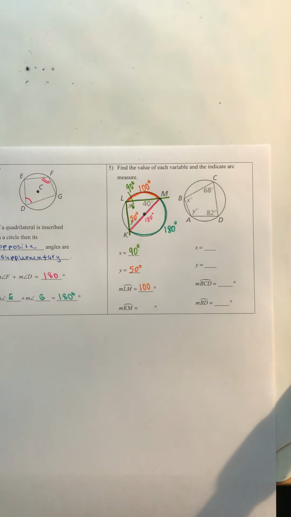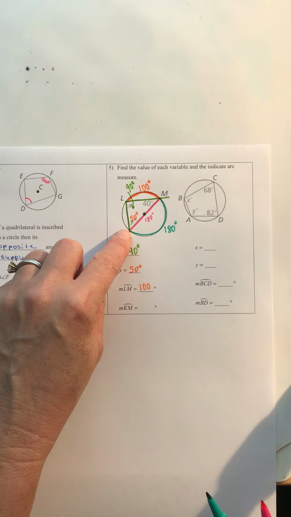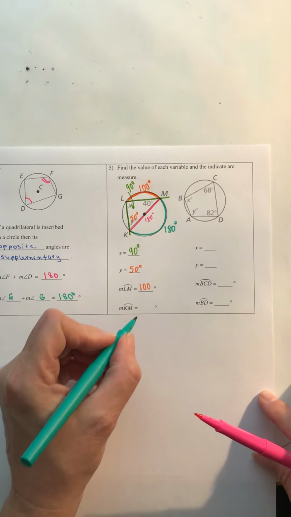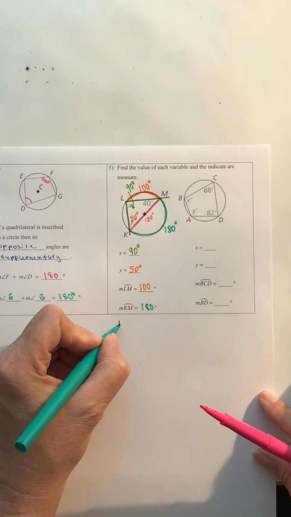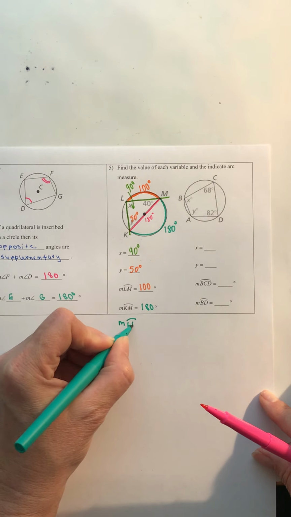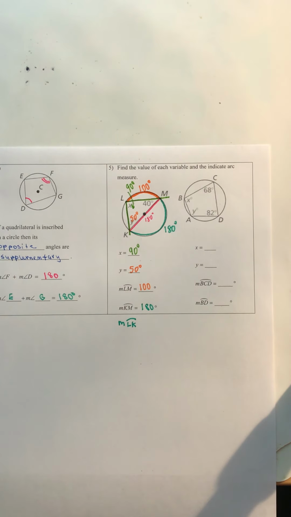And then if we have angle M, arc KM, we already know is 180 degrees. I think I probably meant to ask about arc LK, which would have to be double the 40 degree angle.